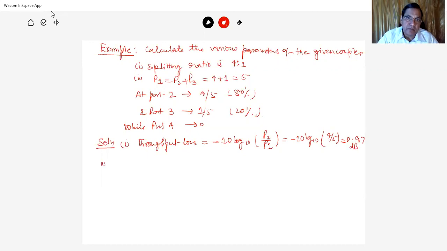Second is tap loss. Tap loss is minus 10 log P3/P1, minus 10 log 1/5, that is 0.699 dB.